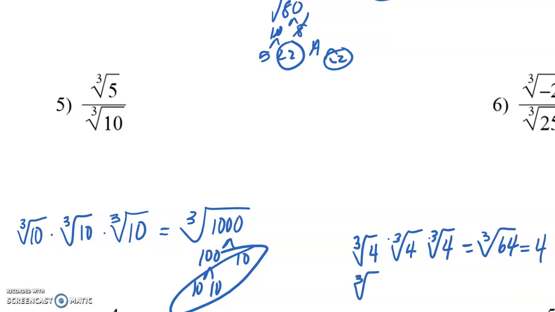But I could also do 4 times the cube root of 2, and that's going to get me the cube root of 8, and the cube root of 8 is 2. It doesn't have to be that number. It just has to be a cube root that comes out of that value.